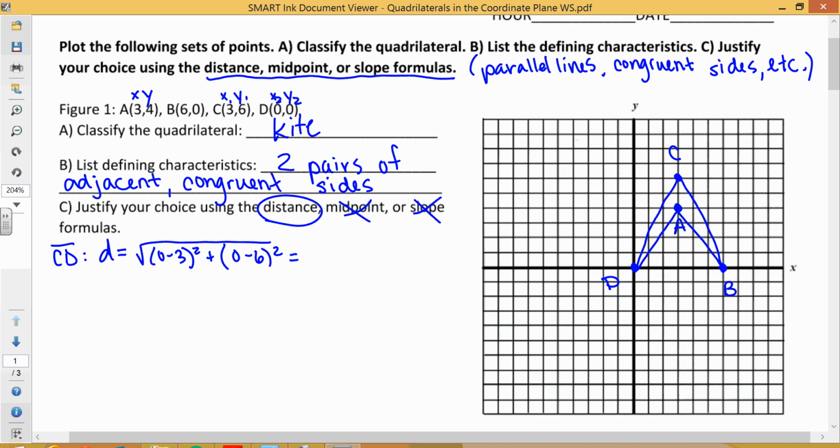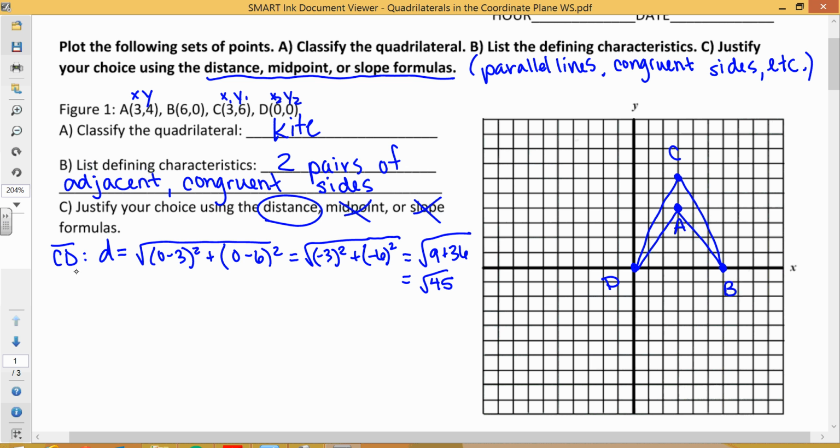So I have the square root of negative 3 squared plus negative 6 squared, which is going to be 9 plus 36. And then 9 plus 36 would be 45. And I can find the square root of that and get the decimal, or you can leave it like that, because if the other one comes out to be the square root of 45, then I know they're the same. So I don't really need to worry about it.